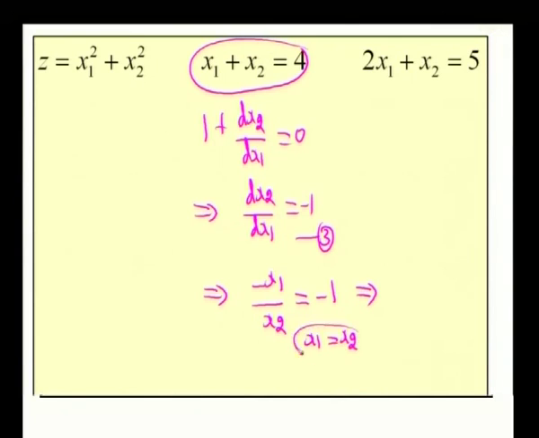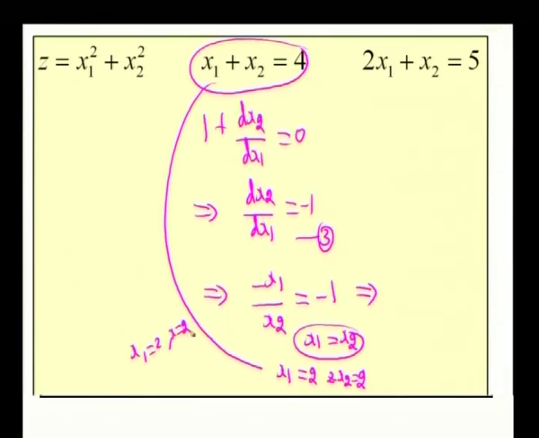So, with this value of x1 equal to x2, from this equation we will get x1 equal to 2 and x2 also 2. This point, x1 equal to 2 and x2 equal to 2, shows that the tangent of this circle to this line occurs at the point 2, 2.